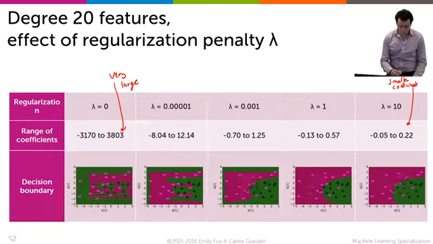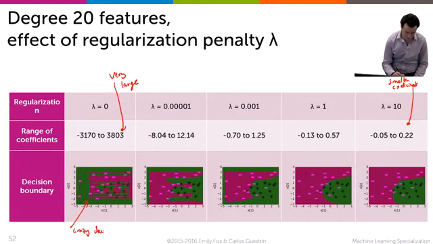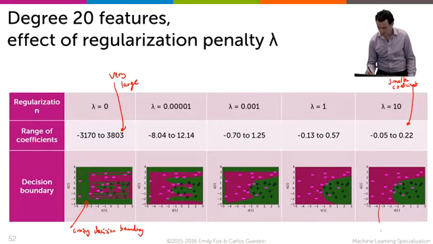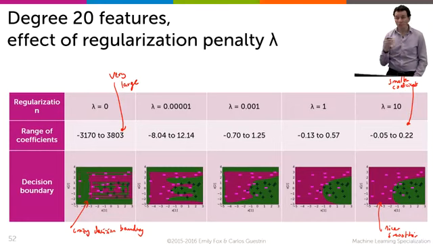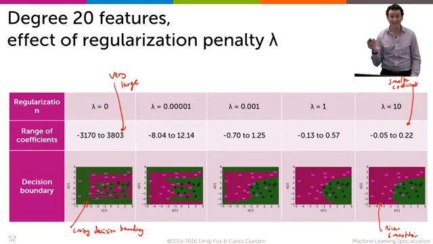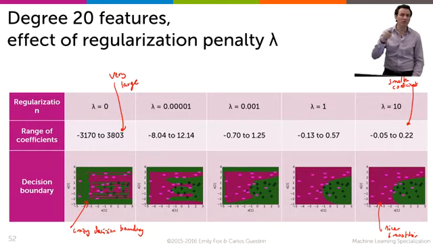Okay, and so for lambda equals 0, we had that crazy decision boundary, and for large lambdas, we have a nicer, smoother boundary. In fact, I trust the decision boundary with lambda equals 10 much more than I trust the one with lambda equals 0. And that decision boundary with lambda equals 10 looks a lot like that really beautiful one I got with the parabola and fit my data really well.